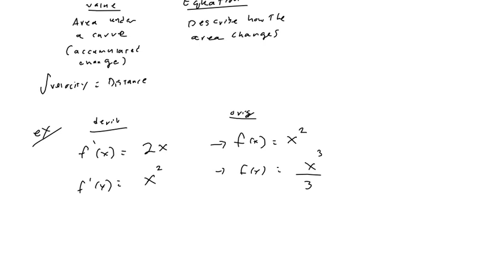We need the 3 to counteract, to cancel out the 3 that we bring down in front, so that we have our equation.